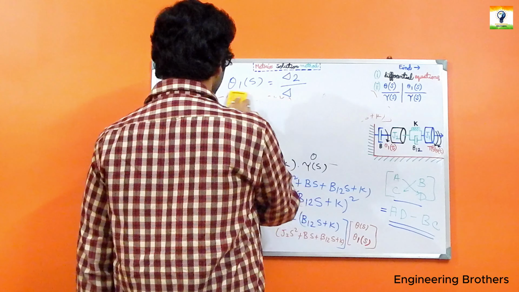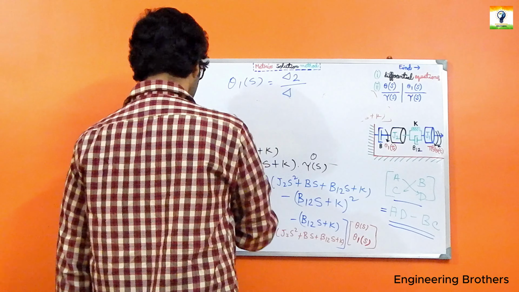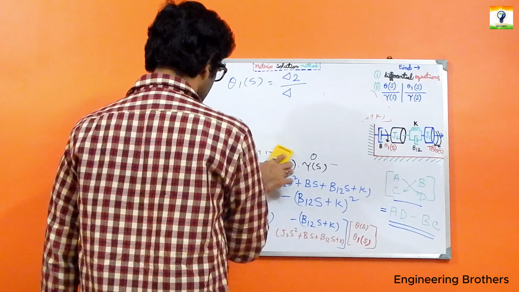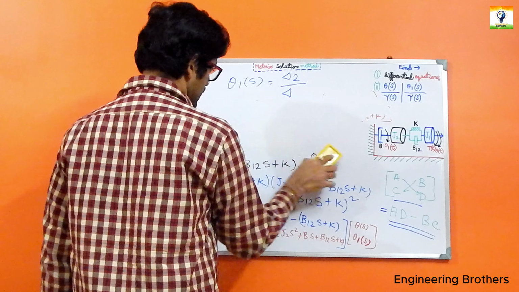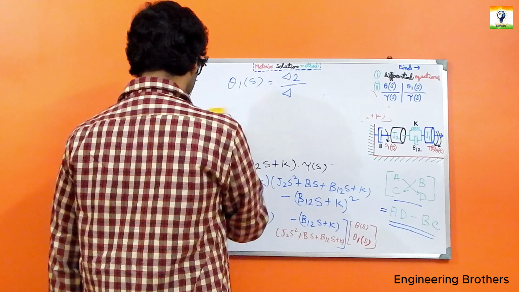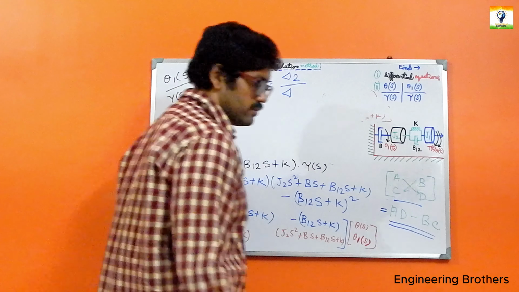Now we just require to put those in our given equations. We have got the value for our delta 2, which is b12s plus k multiplied by tau s. That is the value for our delta 2, and for our delta we have got this whole value over here.